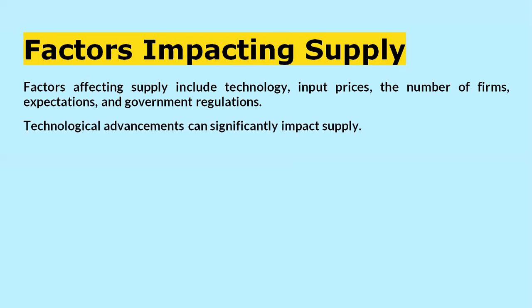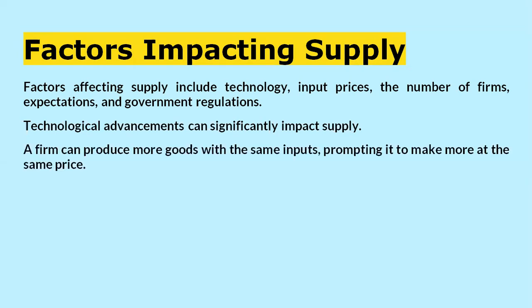Technological advancements can significantly impact supply. A firm can produce more goods with the same inputs, prompting it to make more at the same price.